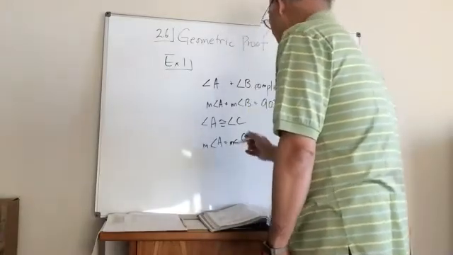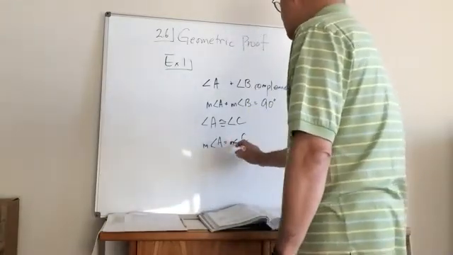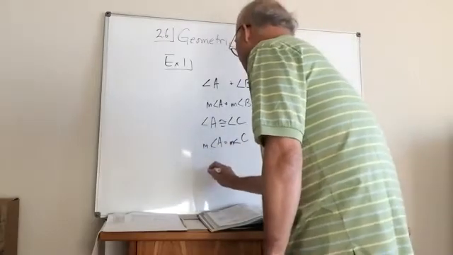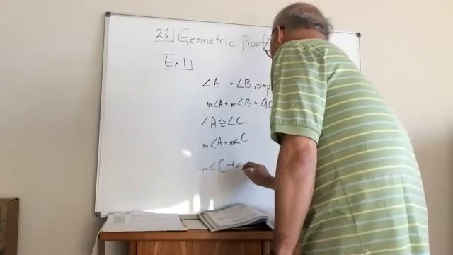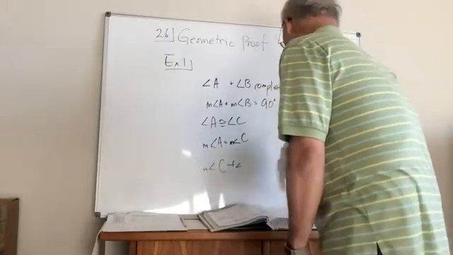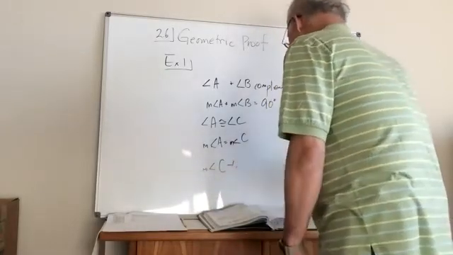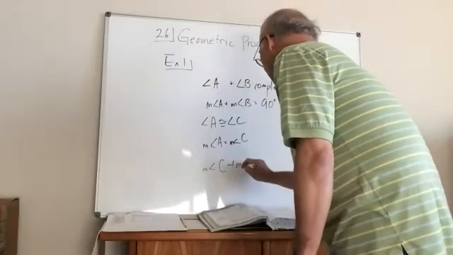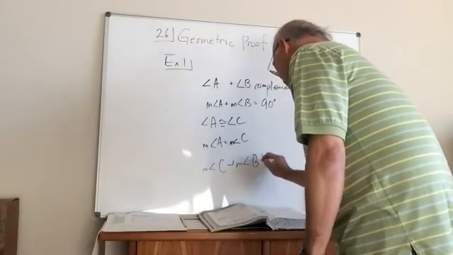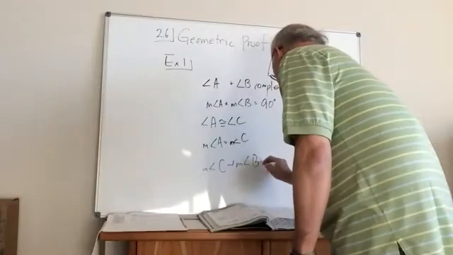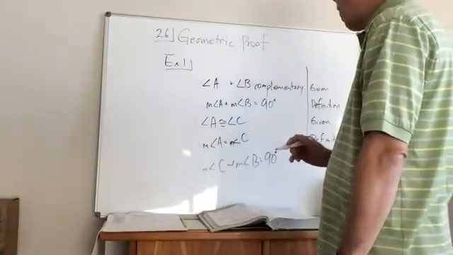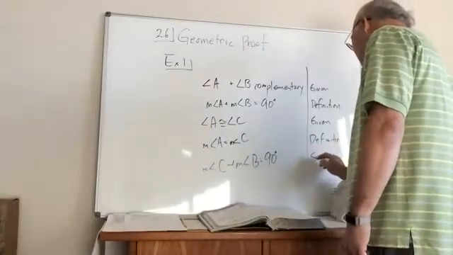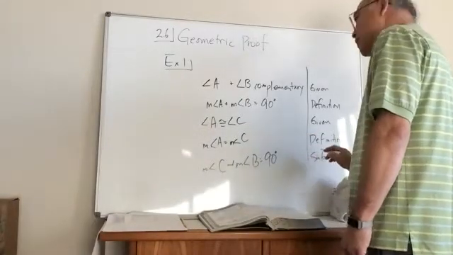Now I can go ahead and say, since A and C are the same, I can substitute this into here, and I can say that angle C plus angle B are 90 degrees. It's going to equal 90 degrees. This is substitution, property of equality.